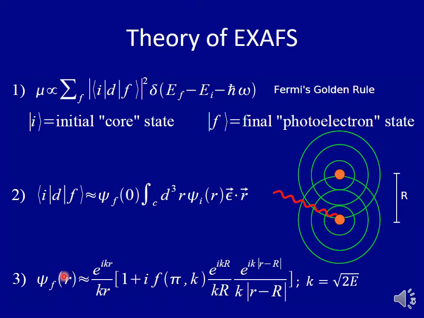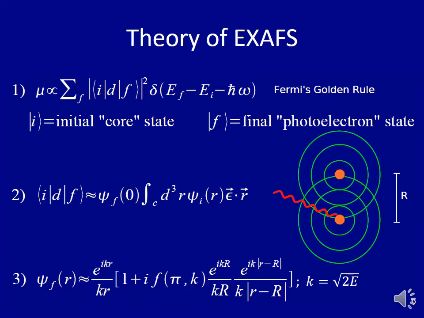And therefore you can see that if you're looking only at psi f of 0, the oscillations will be due to the backscattering of these outgoing waves interfering at the origin.